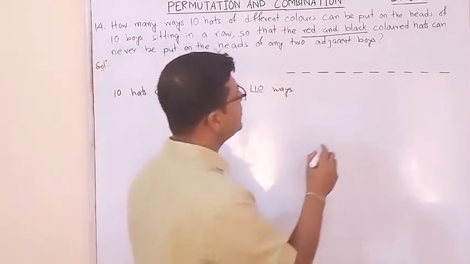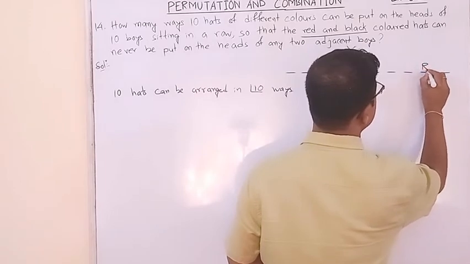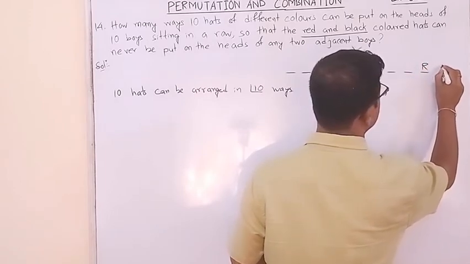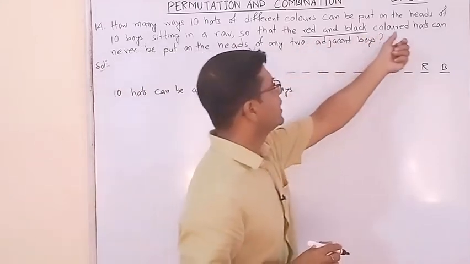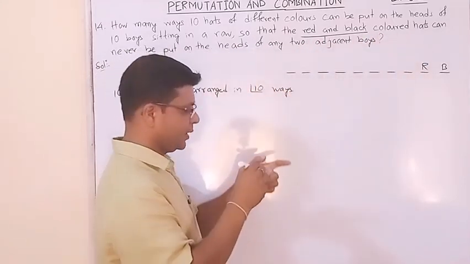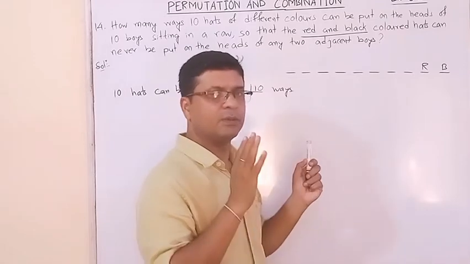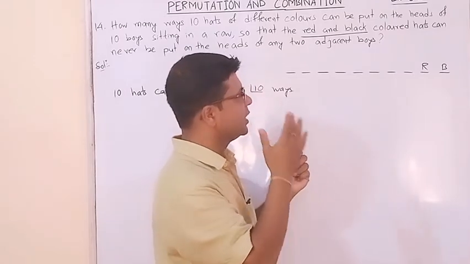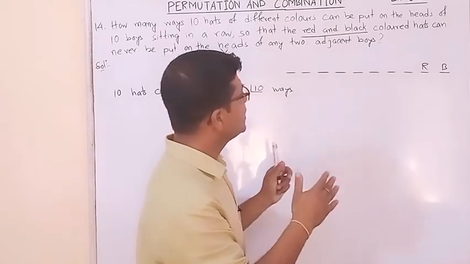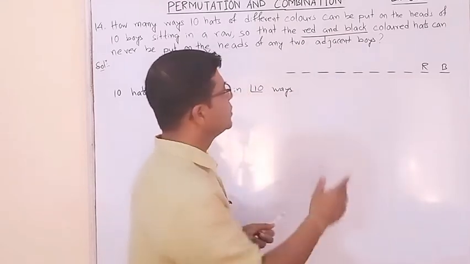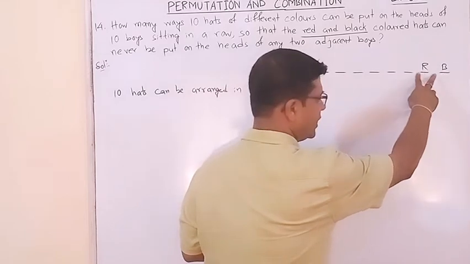This red color hat and the black color hat, the condition is that the red and black color hats can never be together. But we already discussed that if we get a question saying never, not ending, not starting, never, then we take the opposite one. So we will consider that they are together.